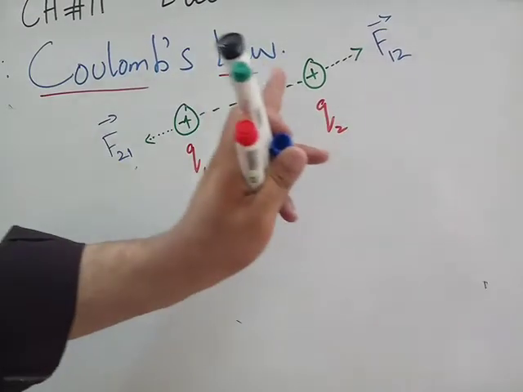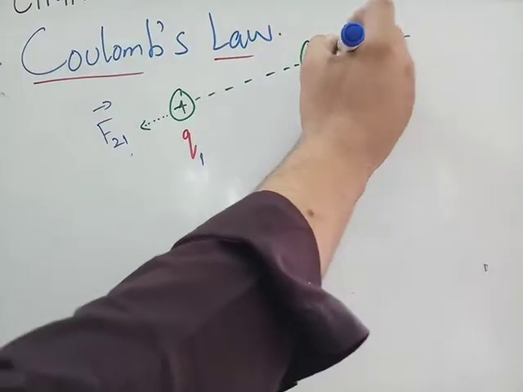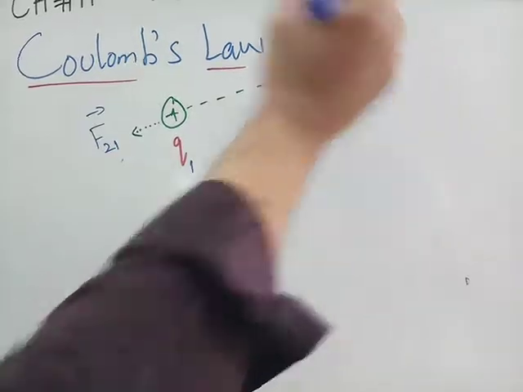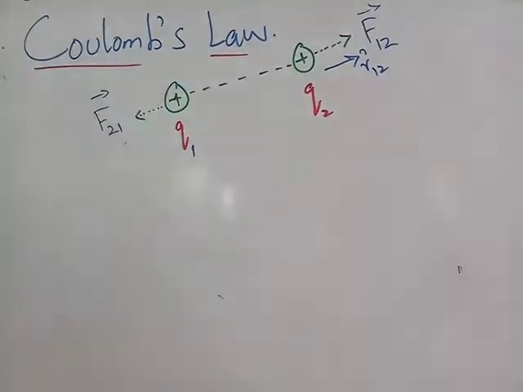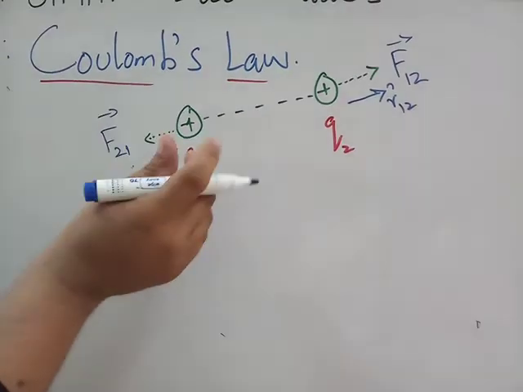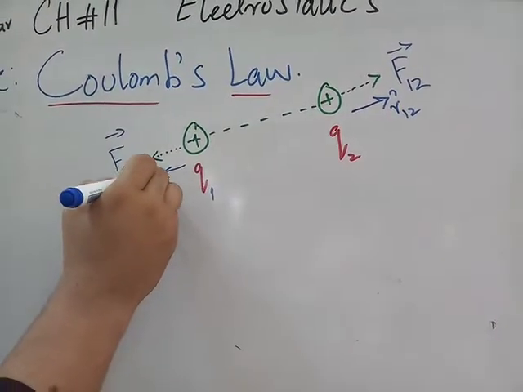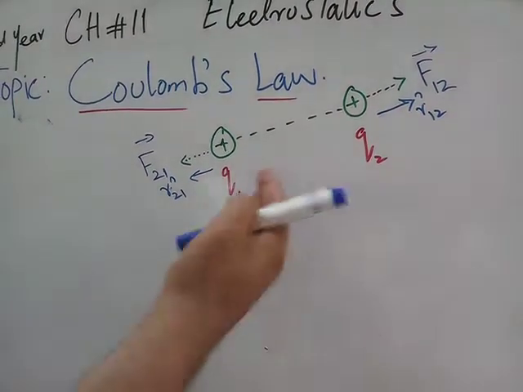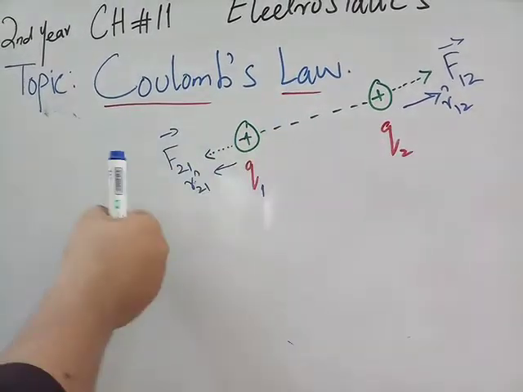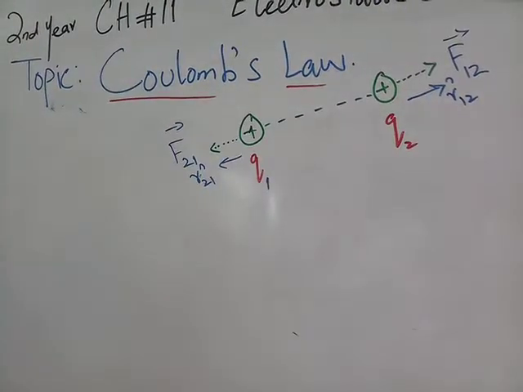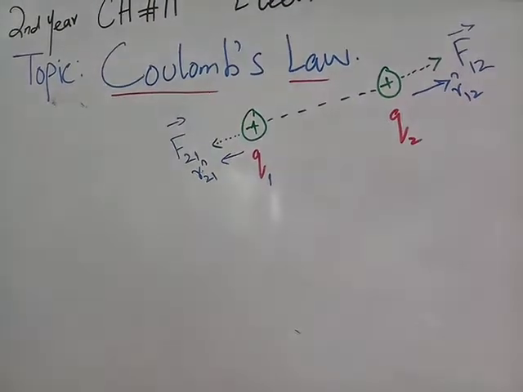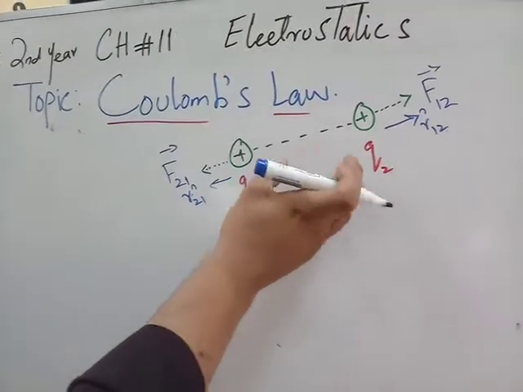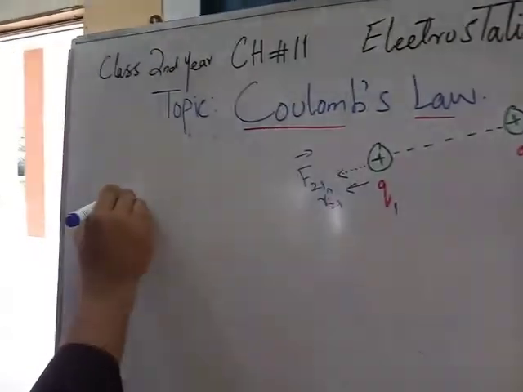If Q1 applies a force on Q2, Q2 is repelled in the same direction as the unit vector R12, and if Q2 repels Q1, it is also in the same way. So R21 is also a unit vector for Q1. So Coulomb states that the force, attractive or repulsive, is directly proportional.